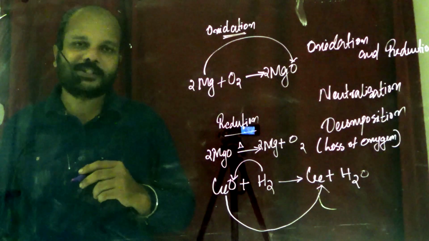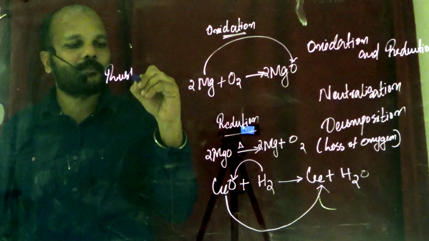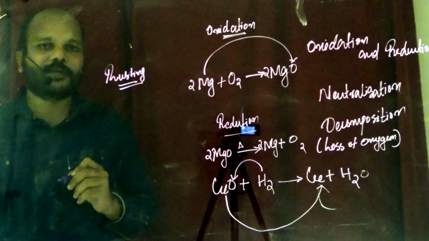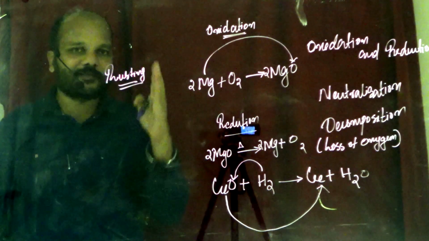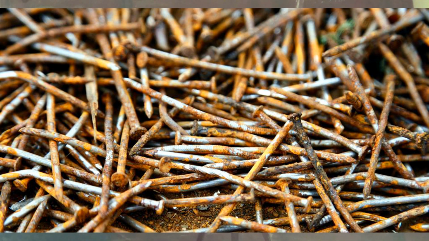You see that, right? Now, in nature there are many ways in which oxidation and reduction reactions happen. For example, rusting. I don't need to tell you what rusting is, right? Let's see what is happening with rusting.